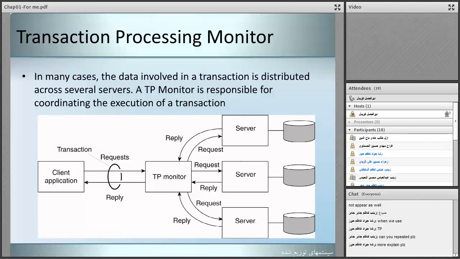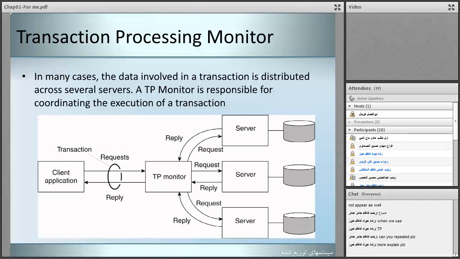So the collection of these tables makes our database. In this situation, when we have a transaction, this transaction wants to modify some data. And as I said, each table is stored on different servers. So this transaction must access different servers.